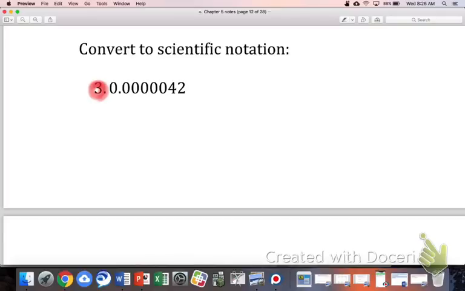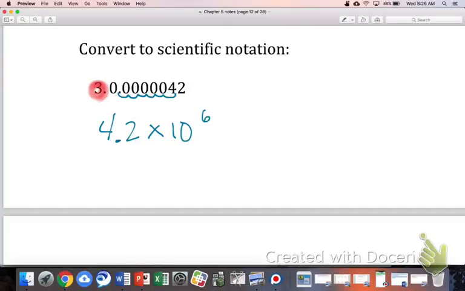What I would do with this is automatically write 4.2. That's the only way I can arrange this so that the number is between 1 and 10, not including 10. But now I need to go times 10 to the something. How many places do I need to move that decimal to get it between the 4 and the 2? 1, 2, 3, 4, 5, 6.